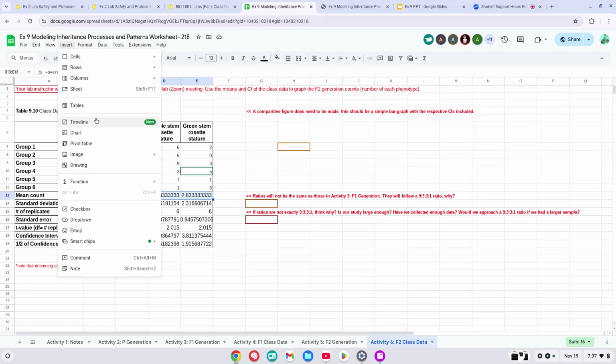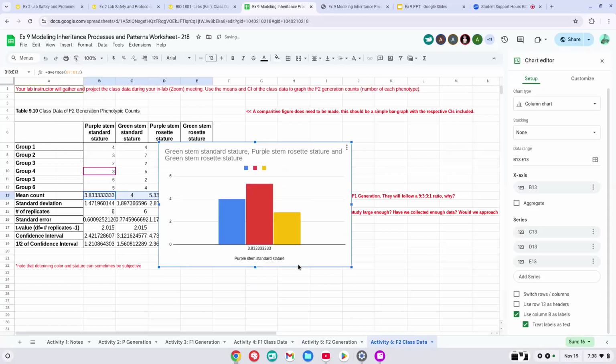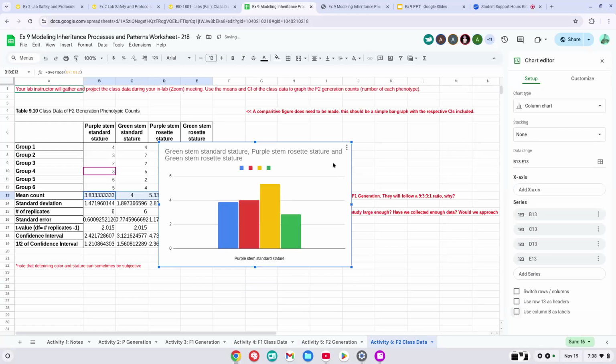So we're going to go Insert, Chart, and we'll take this off.